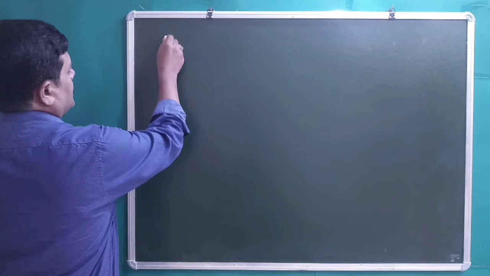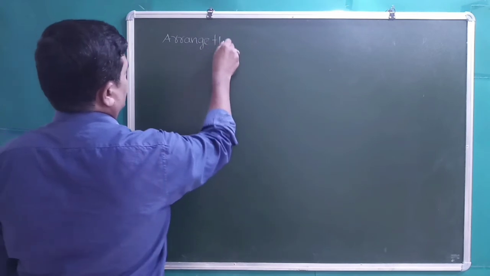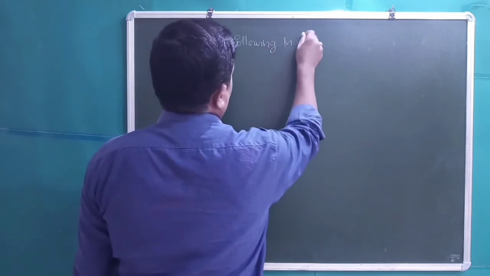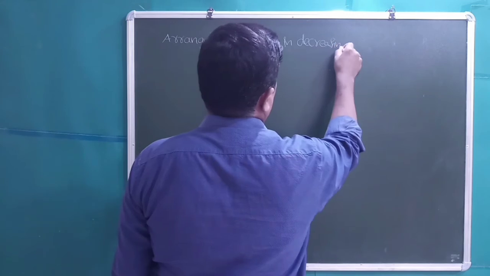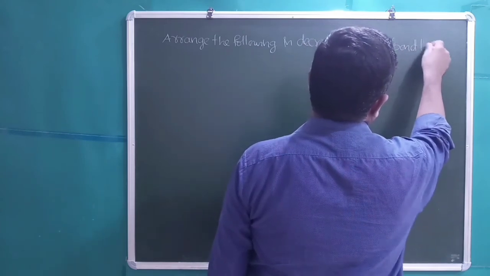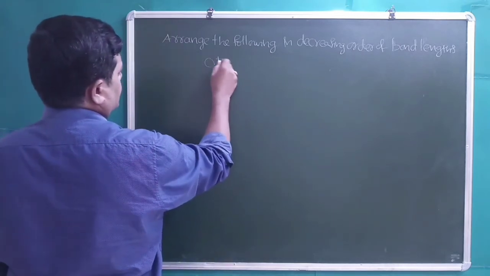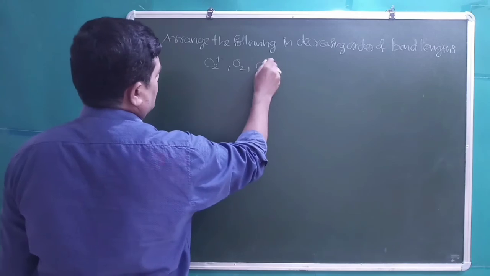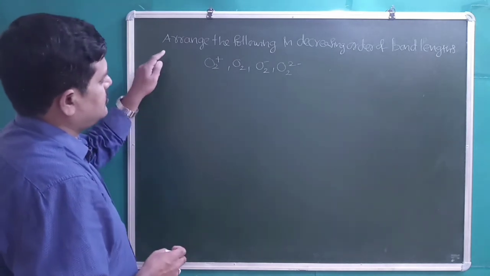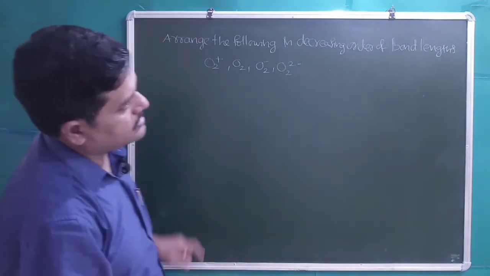Dear students, if a question is given like this: arrange the following in decreasing order of bond lengths, with species like O2 plus, O2, O2 minus, O2 2 minus given, and they are asked to arrange these species in decreasing order of bond lengths.